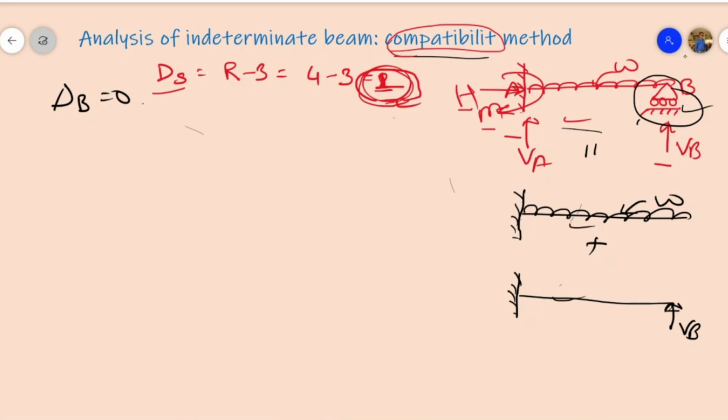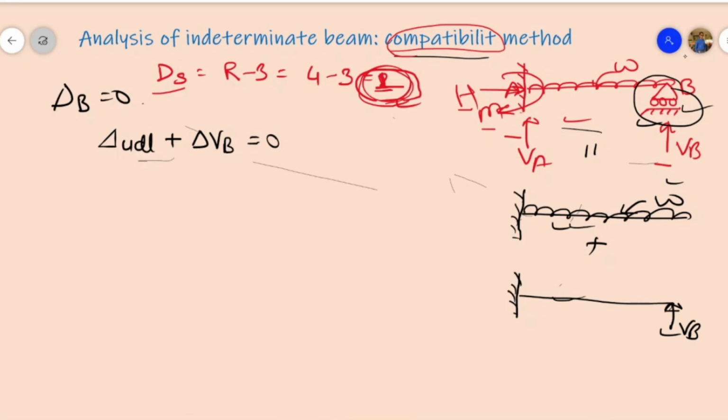Because here it is a support reaction. So the total deflection due to this UDL load and the deflection due to this reaction, the combination of these two will be 0, means delta due to UDL load plus delta due to vertical reaction VB equals 0, right? Because at this support, the roller support is active.